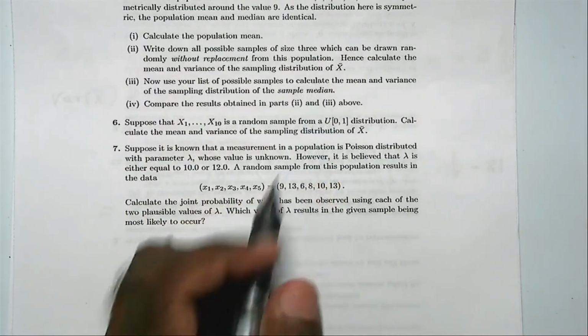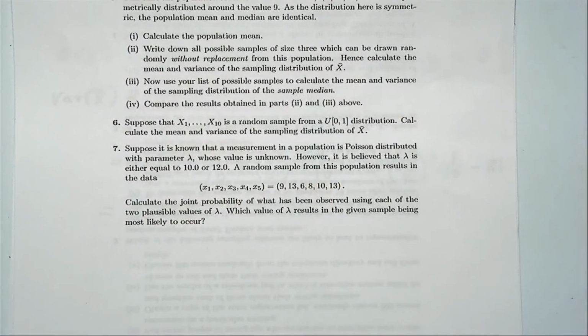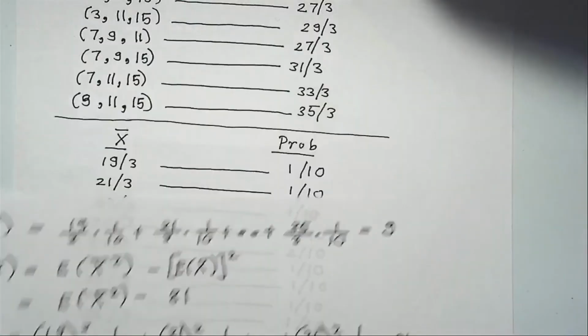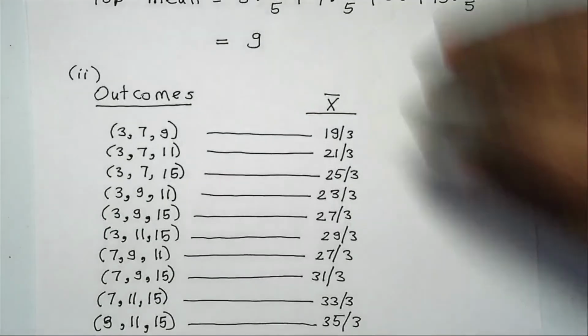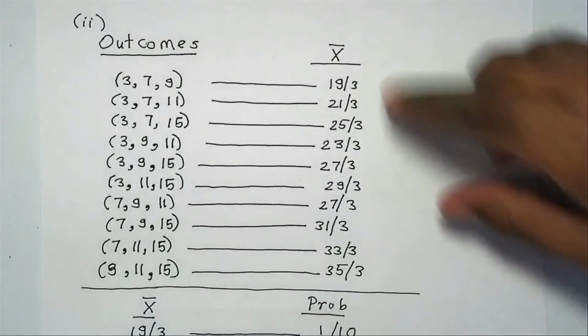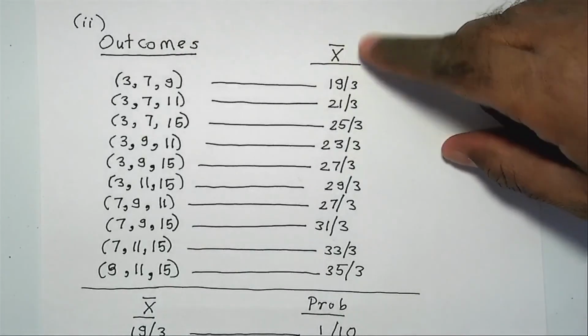Right. Okay, so instead of sample mean, we're going to calculate the sample median. Okay. All right. So that means we need to go back to the table here, and instead of x bar, we need to compute the sample median.